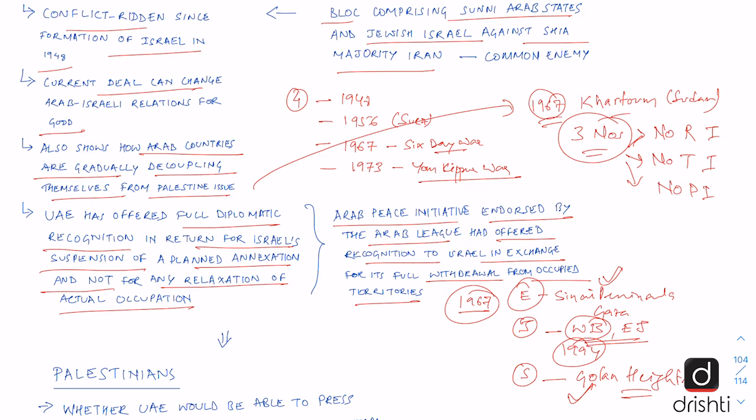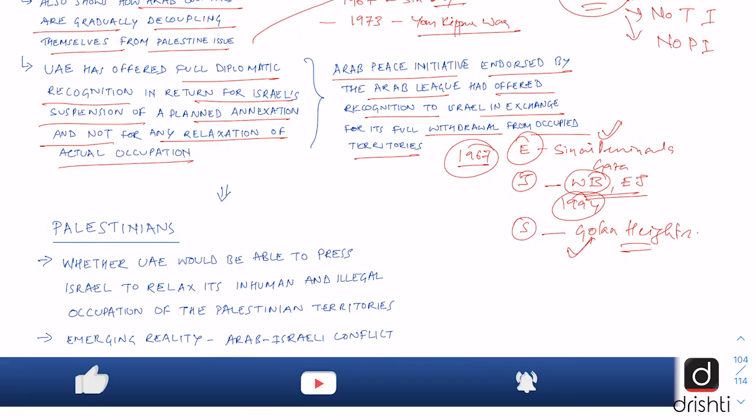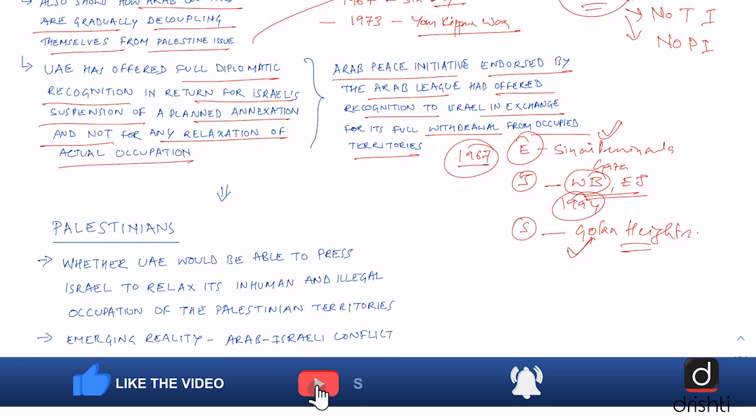But now when the UAE has accorded recognition to Israel, the UAE has not been able to gain any territorial concession from Israel. It has only been able to stop Israel from what it was planning to do. So that has been a major criticism of Palestinians against the UAE's action. Now where does this deal leave the Palestinians?